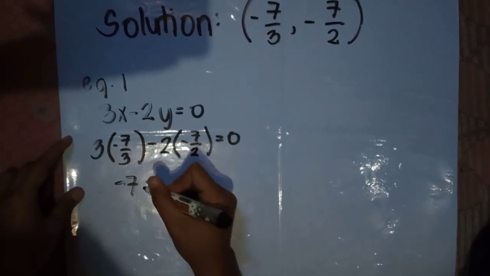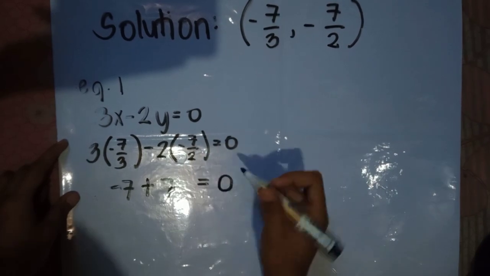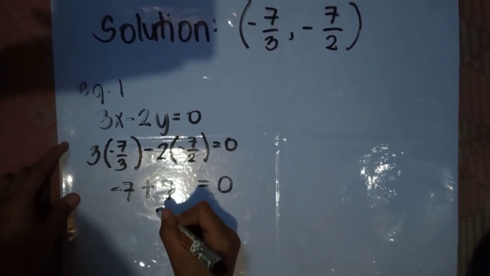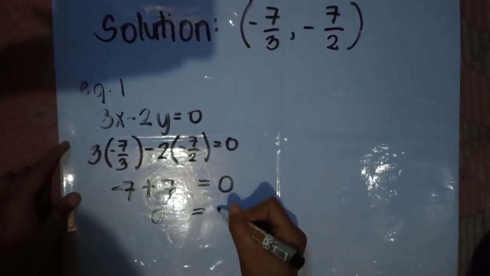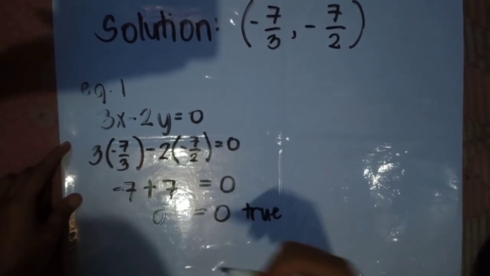Negative 2 times negative 7 halves is positive 7. Negative 7 plus 7 equals 0, so 0 equals 0. So it is true. It does make the equation true.